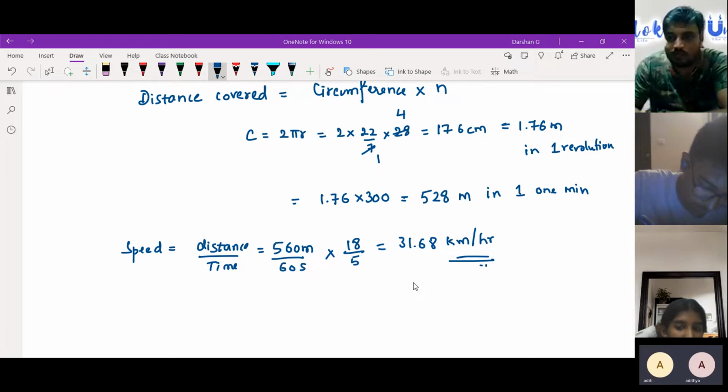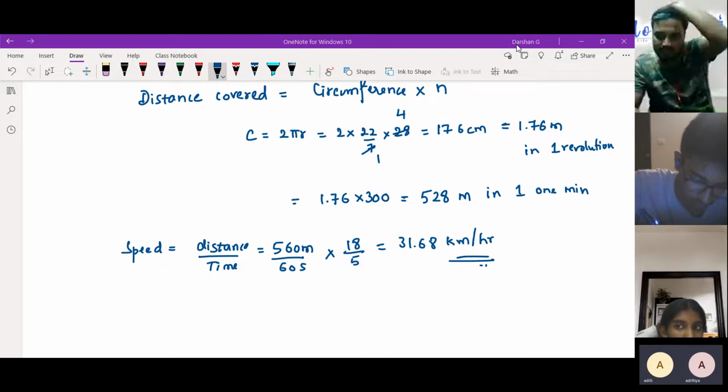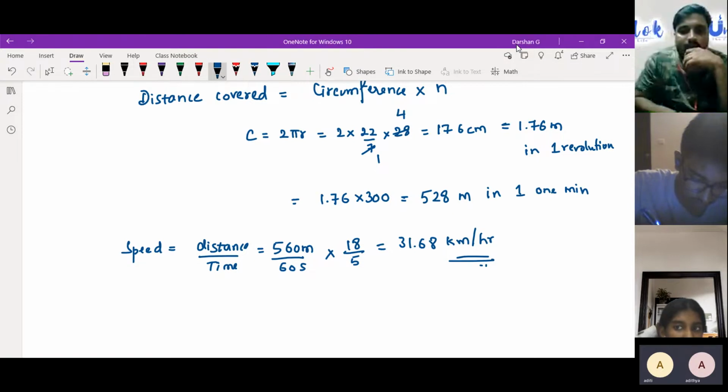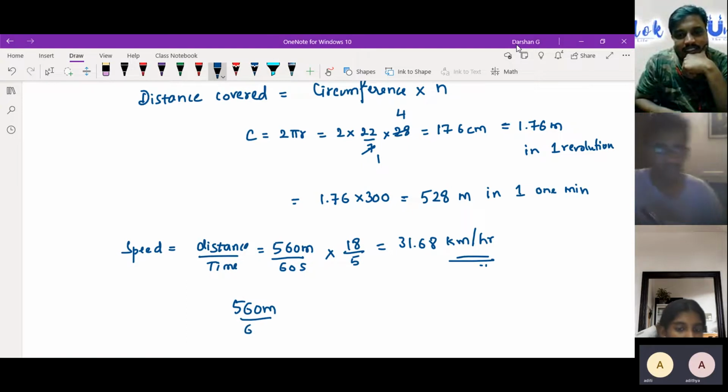Let me open the forum for you to use your creativity and tell me how to convert this 560 meter by 60 seconds to kilometer per hour.